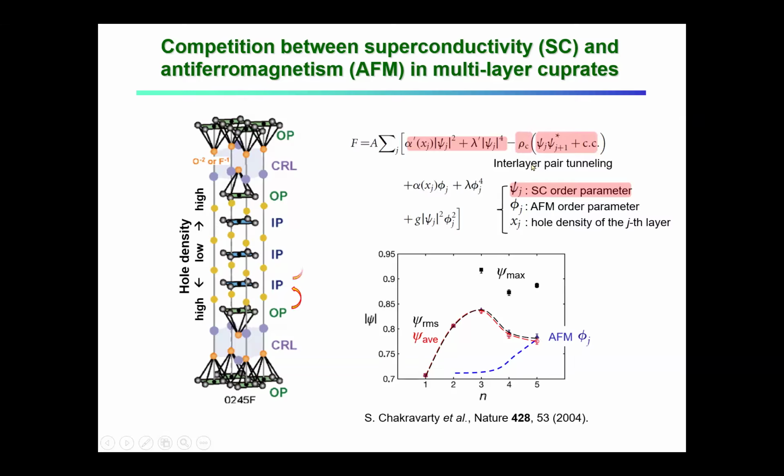In the multilayer cuprates, the interlayer tunneling enhances the superconducting transition temperature.